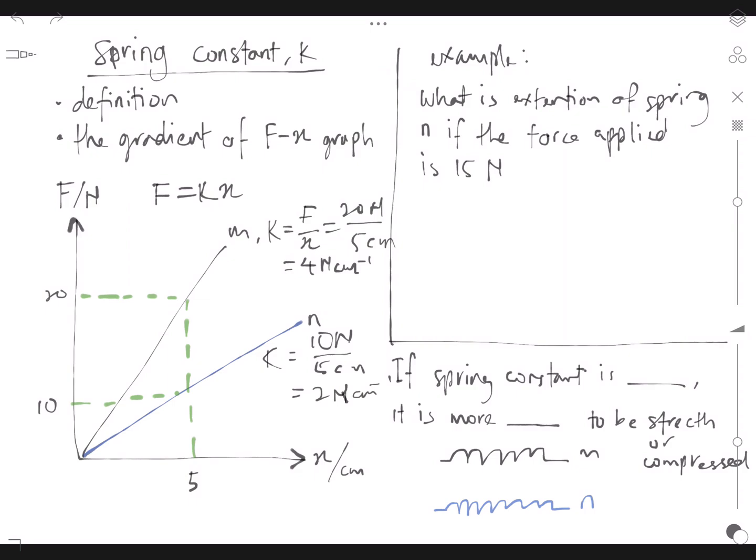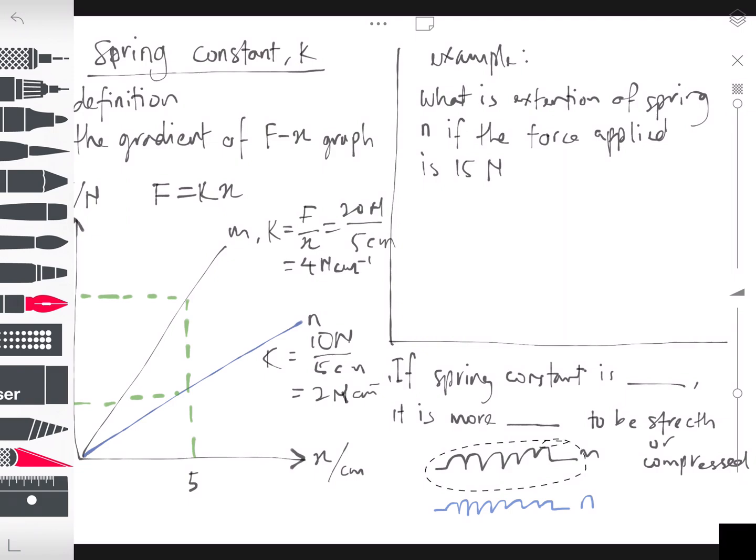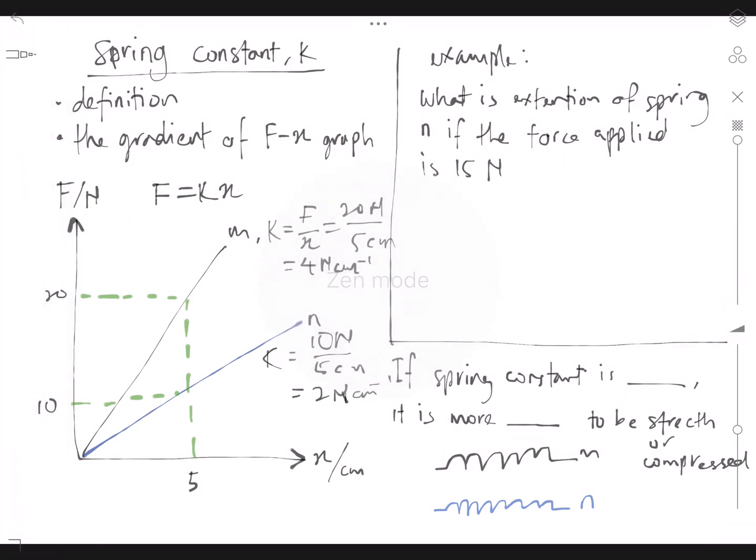So please understand that. Okay, maybe I can visualize something like this. Let's say this is spring M. So it is not easy to compress it or to stretch it because the value of spring constant is higher. Okay, but for N spring, since it has lower spring constant, it is easy to be stretched and compressed.